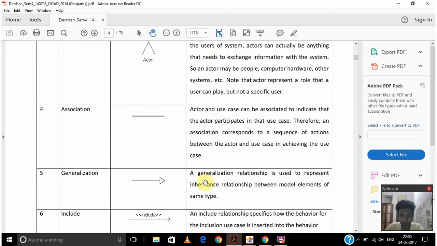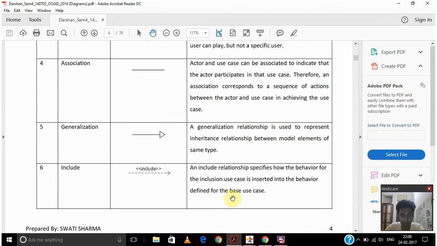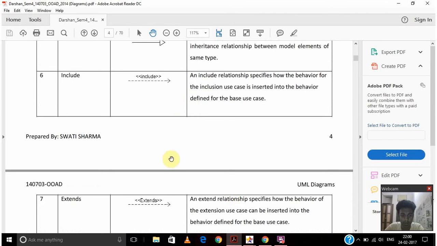The generalization relationship is used to represent an inheritance relationship between any model elements of the same type. Then we have include and extend. The include relationship specifies how the behavior for the inclusion use case is inserted into the behavior defined for the base use case.